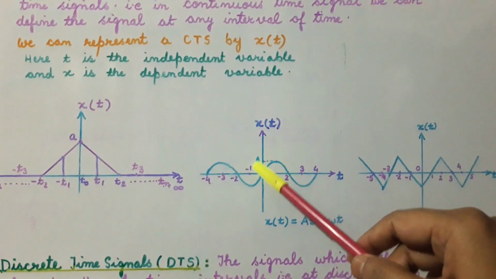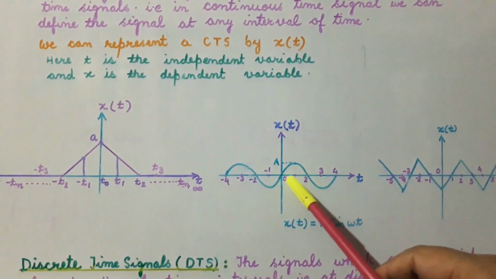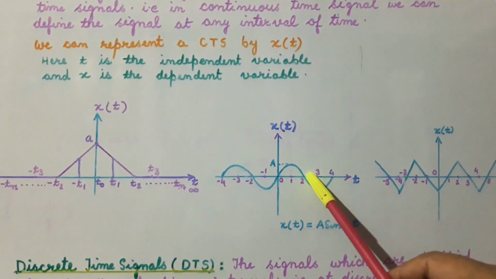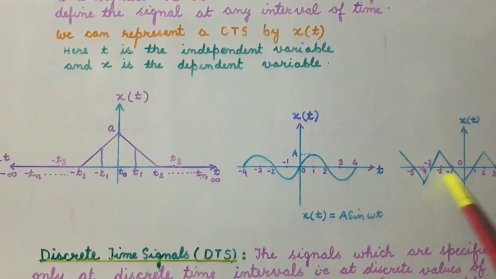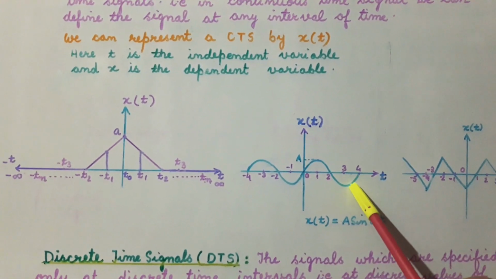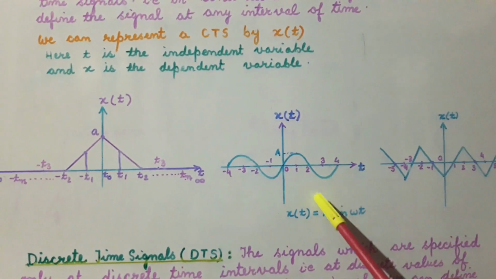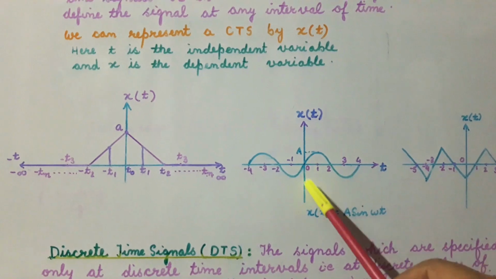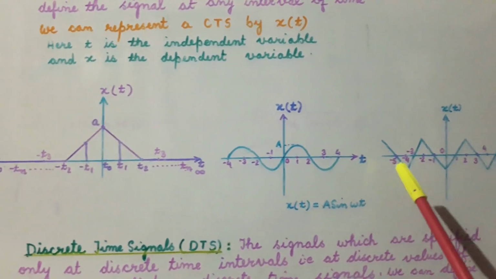That is, we can find out the value of this sine wave at t is equal to 0.4, 0.5, 1.7, 2.8, 3.5 by drawing a perpendicular to this x-axis and taking its plot on the y-axis. So, we can determine the value of this signal at all the intervals of time t.